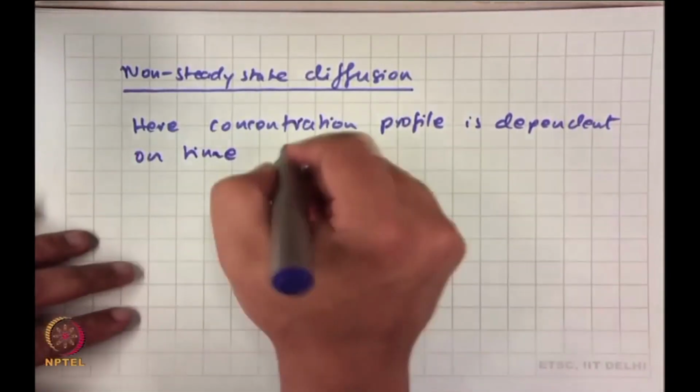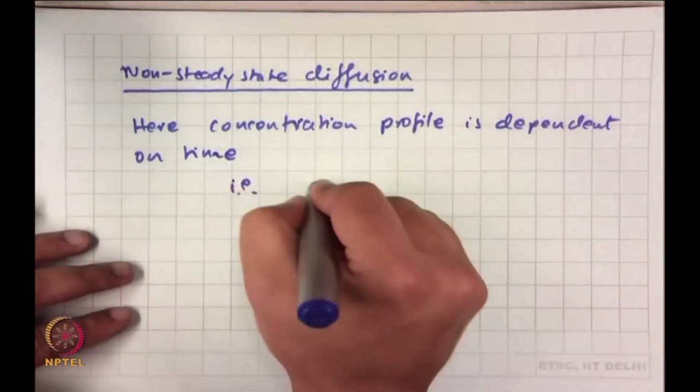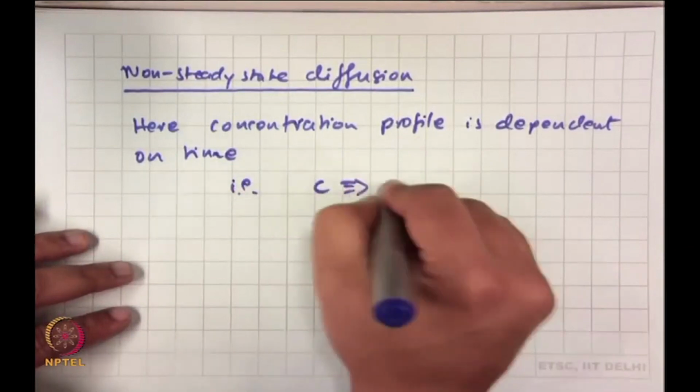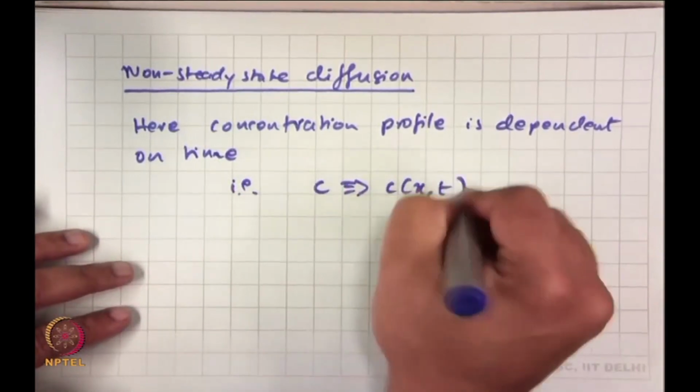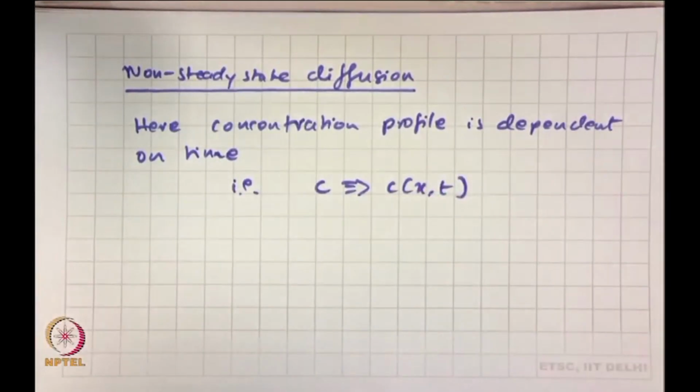That is, C can be written as C(x, t). So, it not only depends upon the distance x you have travelled, I am talking about one dimension now, but it also depends upon the time that has elapsed, okay, from the moment you have started looking at it.